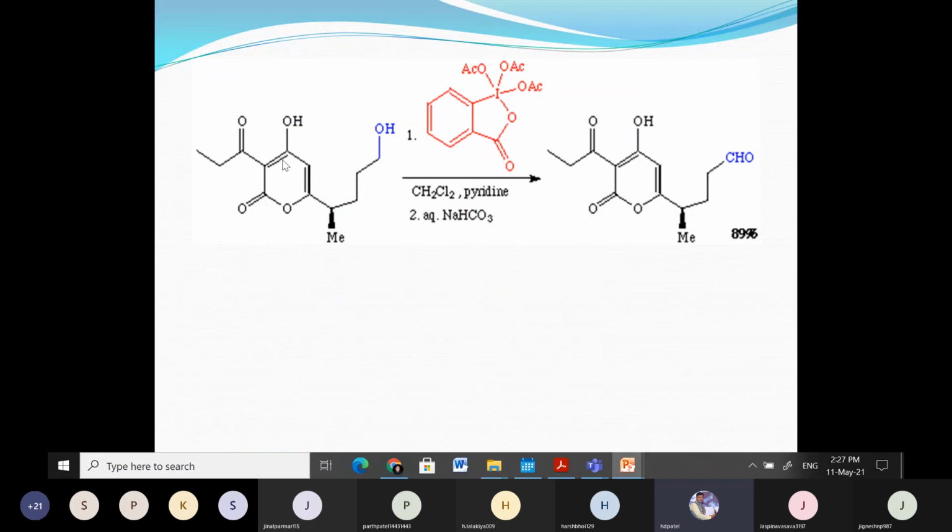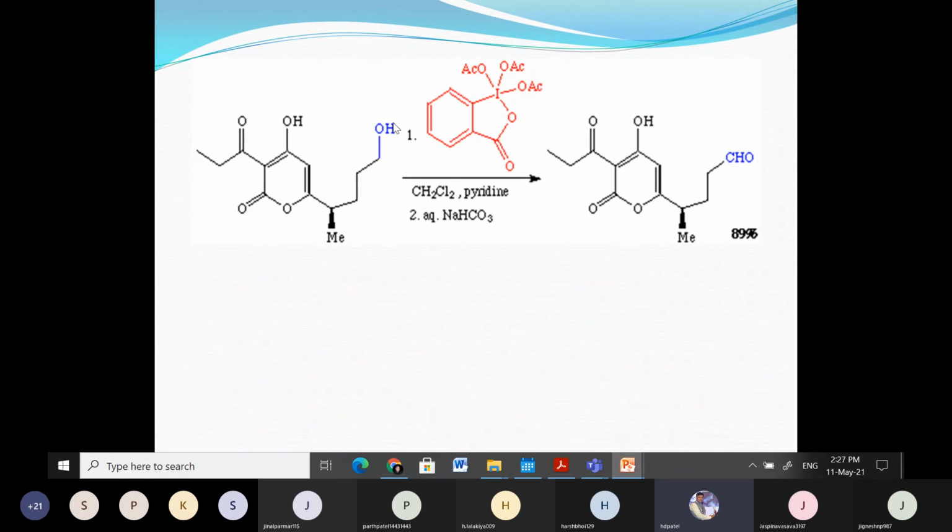This other one is attached with the ring, and the ring has aromatic character. So this OH is known as a phenolic OH or aromatic OH, attached with the aromatic ring. Here, this OH is attached with an aliphatic or open-chain hydrocarbon, so we can call it an alcoholic OH.